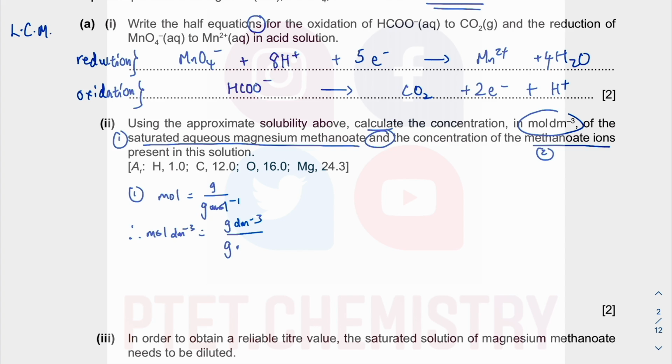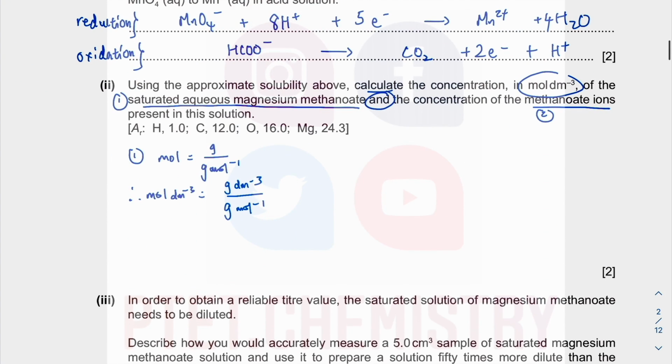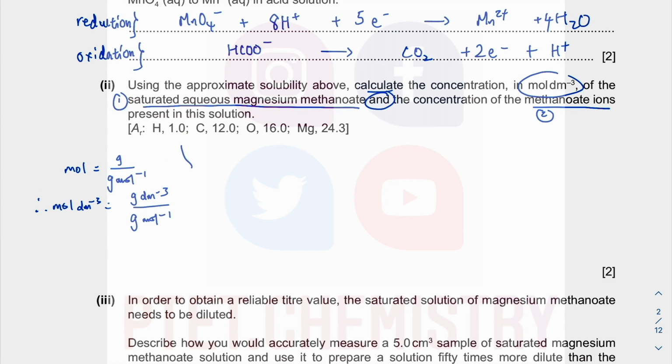Then that is my other relationship, okay? So I was given the question in gram per dm cube. So what I can do is convert gram per dm cube into mole per dm cube if I know the Mr, which I can work out because despite not having periodic table, they give us these atomic masses there. Alright, so I guess that's just my background, year 9 or year 10 calculations.